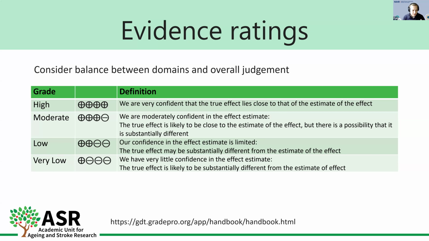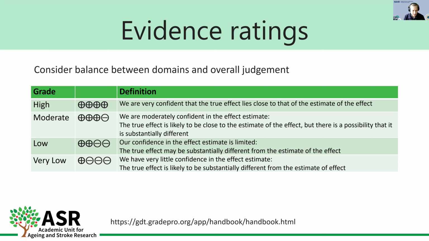So putting together all of those different domains, we come out with our evidence rating. Although I've described it as downgrade or don't downgrade, or maybe downgrade by 2 on each domain, the authors of GRADE emphasize that you should be considering the balance between the different domains and an overall judgment.